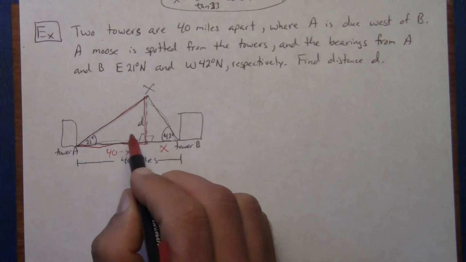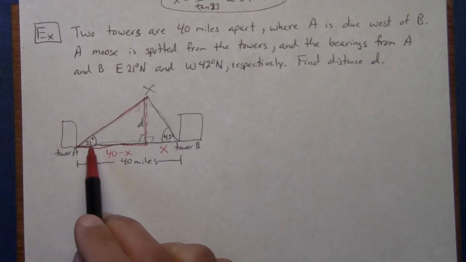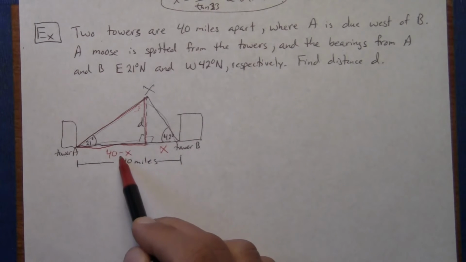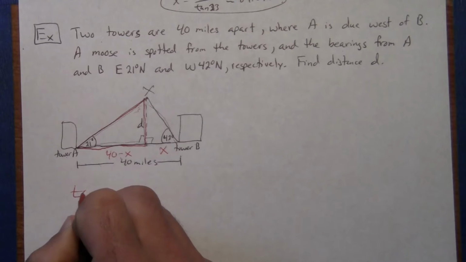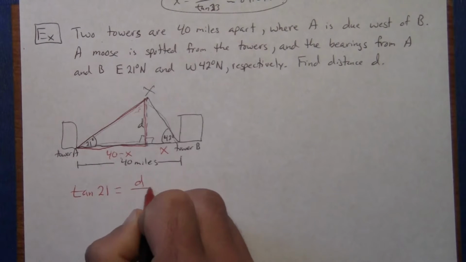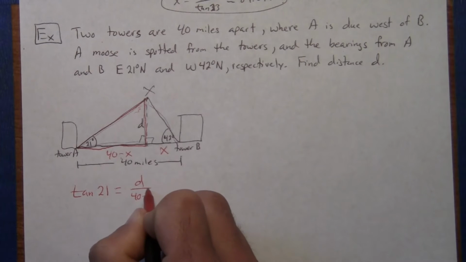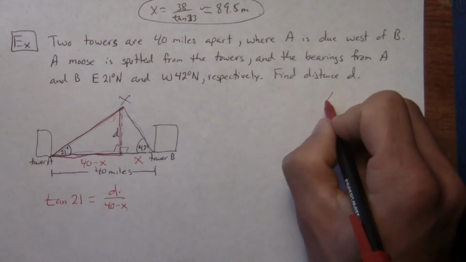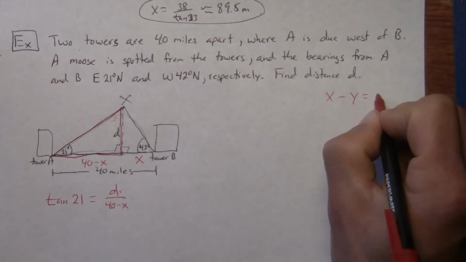And now looking at this triangle, let's pretend like I don't know how to find that. Using the 21 they gave me, I have side opposite, I have side adjacent. I can say the tangent of 21 degrees is equal to d over 40 minus x. And that's wonderful, but I have two variables here. And normally if you have an equation with two variables, you can't really solve for one of them.